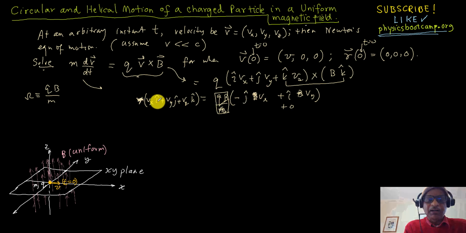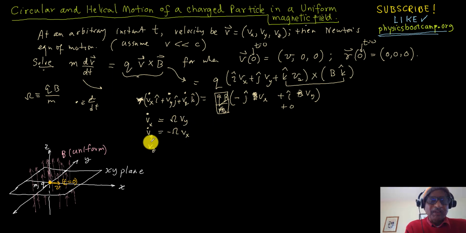So I get vx i hat with i hat. So I get vx time derivative, dot equals d/dt for simplicity. So vx dot is going to be equal to minus omega times vy. vy dot, j hat with j hat, is going to be omega vx.